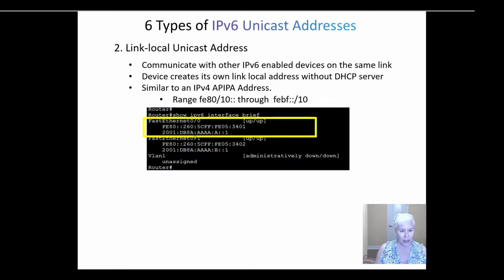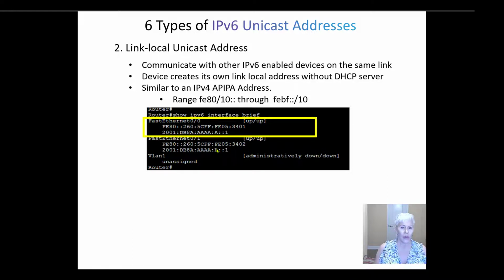But notice here, FE80. This is the dynamically or auto-configured link local address that the device's interface self-generated. This one did as well. This FastEthernet 0/1 FE80, we can see right there, it self-generated its own link local address.